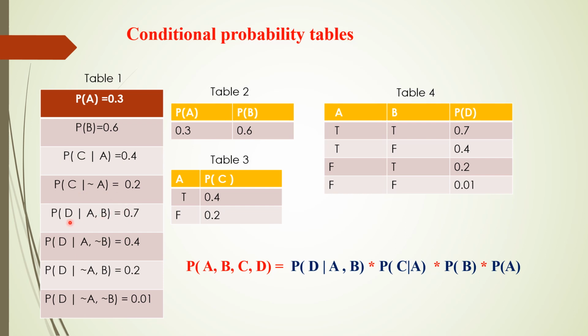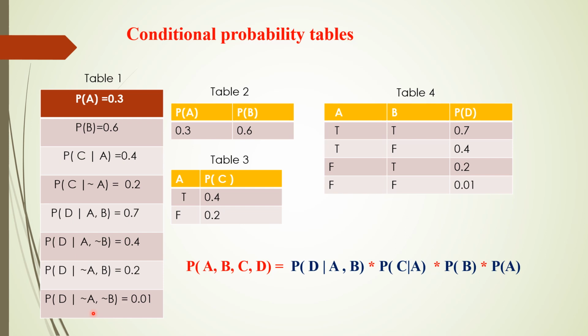And next, probability of D dependent on both A and B is 0.7, and probability of D dependent on node A but not dependent on node B is 0.4. Next, probability of D not dependent on A but dependent on B is 0.2. And the last one, probability of D not dependent on A and not dependent on B is 0.01.